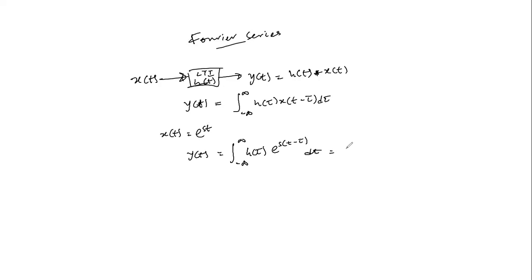Just like we showed earlier, this reduces to e to the st times the integral of h of tau e to the negative s tau d tau, which is the same as h of s e to the st.